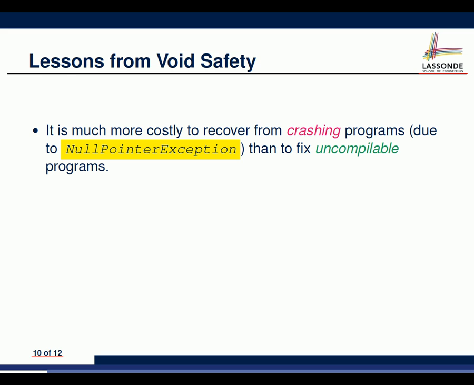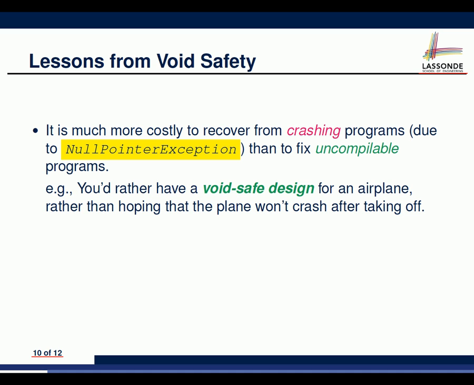It's much more costly to recover at runtime. Another analogy: you would rather have a void safety sign for an airplane than hope that you're disciplined enough not to crash the airplane at runtime. You better let the compiler check for you. I think there's definitely some aviation software that has an internal compiler or analysis tool to make sure there's no null pointer exception. Same idea, but a different mechanism for making sure there's no null pointer exception.